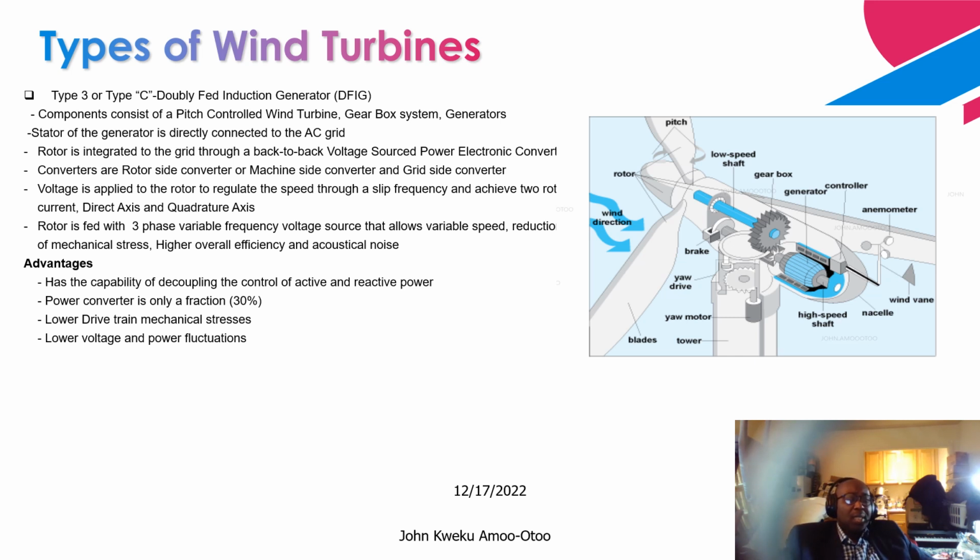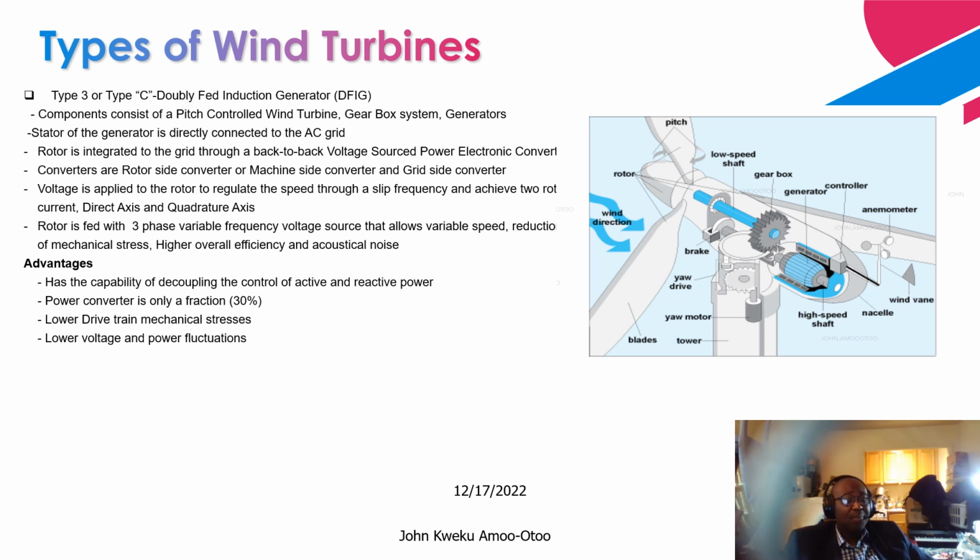So now let's move on to the advantages of this wind turbine. Basically, this wind turbine has much better advantages compared to the type A and the type B, or the type 1 or the type 2. Right? It has a strong capability because of the back-to-back power electronics. It helps us decouple the control of the active and reactive power, and exchange active and reactive power with the grid and also the converter.